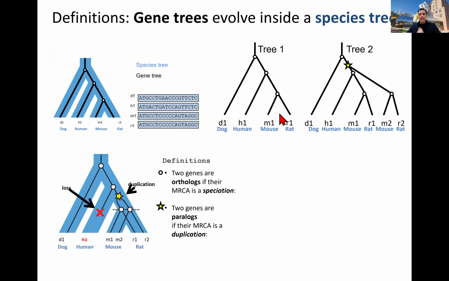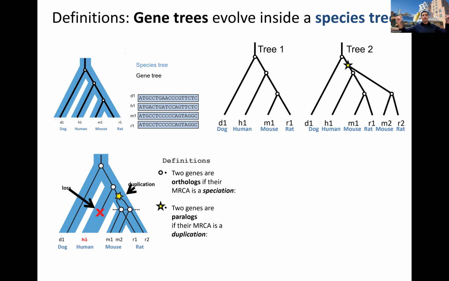Okay? Now, if I have a speciation event, as I mentioned earlier, all of the 20,000 genes in the bag of mouse have to diverge. But if I have a duplication event, that means that on the common ancestor of mouse and rat, that gene was duplicated.